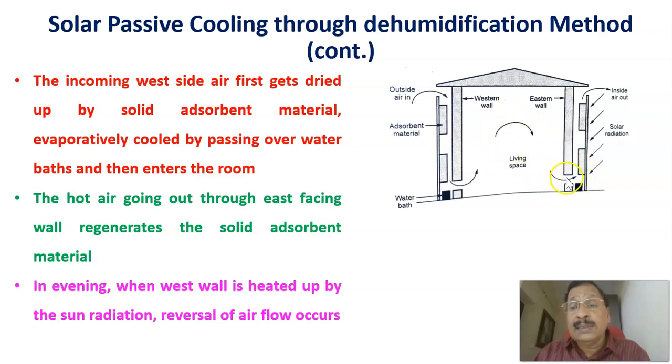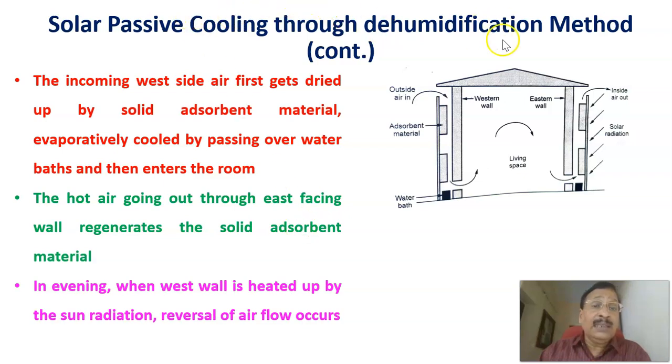Again, that same air gets heated and goes outside. This is the process by which the air moves, called the chimney action. In this way, the temperature of the space is reduced, so it is getting cooled during the morning.